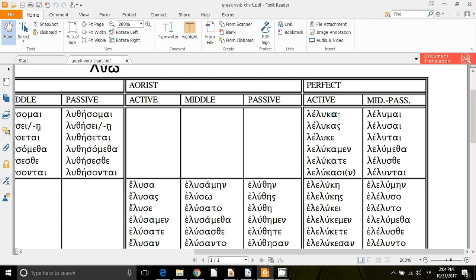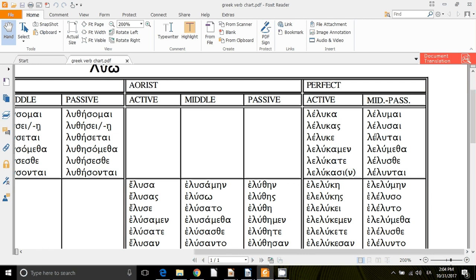A, as, e, amen, ata, asin. A, as, and amen, ata, on, or sometimes asin. So it can be either on or asin. This one here, the third plural, can be alpha nu. Occasionally it'll be asin. Sometimes it'll just be on, alpha nu.